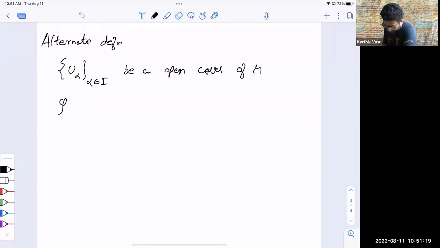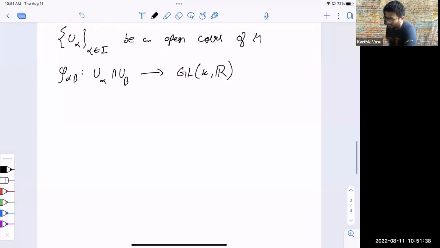Let phi alpha beta be maps going from the intersection of U_alpha and U_beta to GL_K of R, smooth.